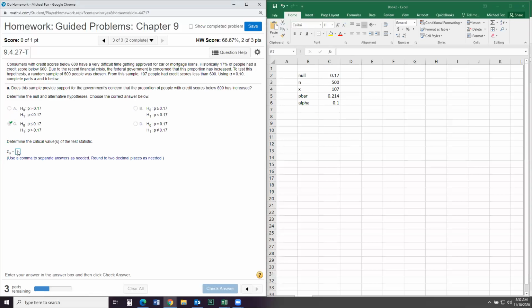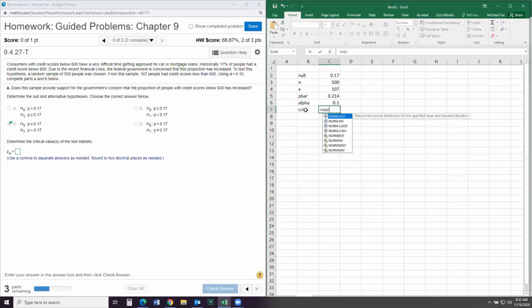All right. So we have to determine our critical values. So critical, we're back to using z-scores instead of t's, because that's what we do with proportions, okay? So our critical z is going to equal NORM.S.INV, and then our probability is our alpha.